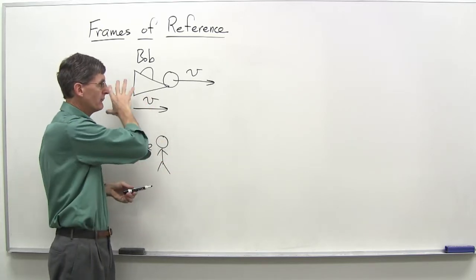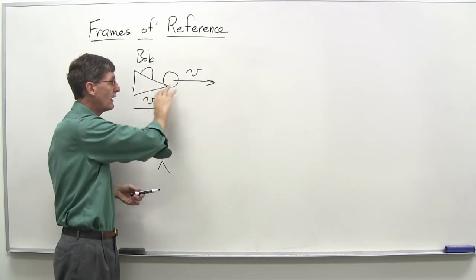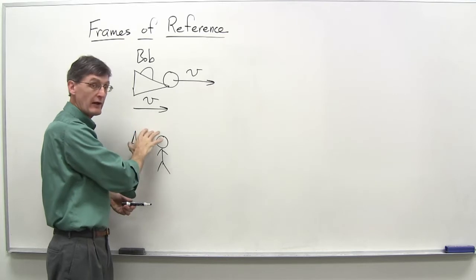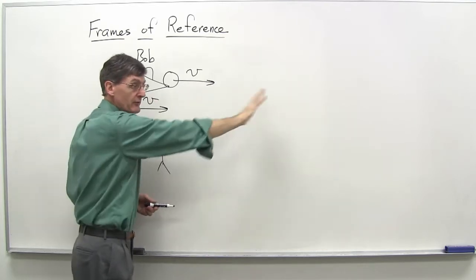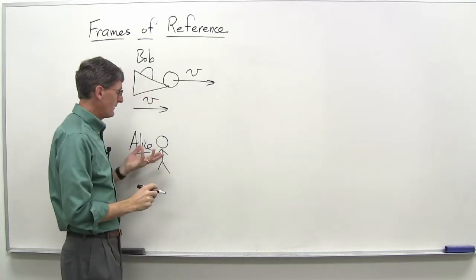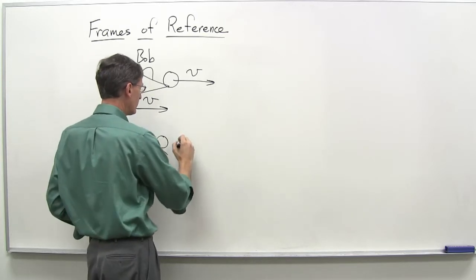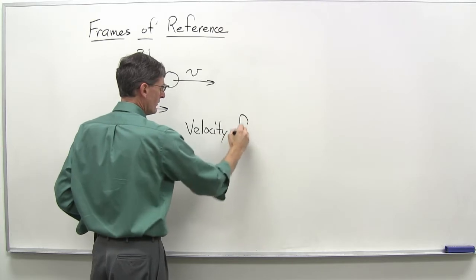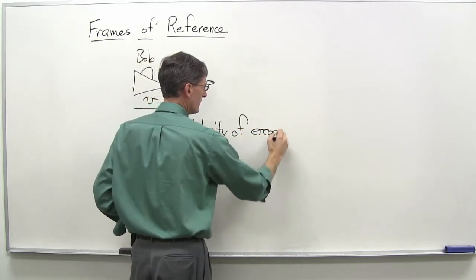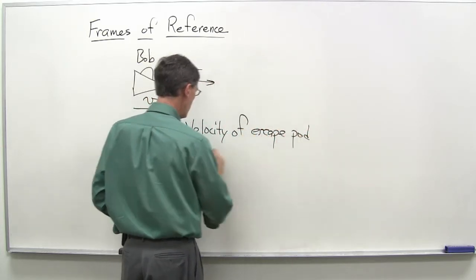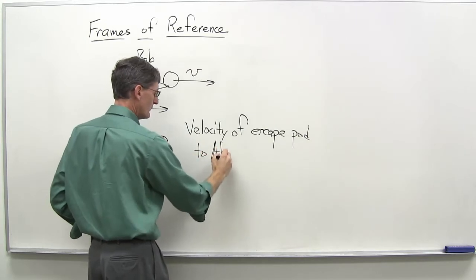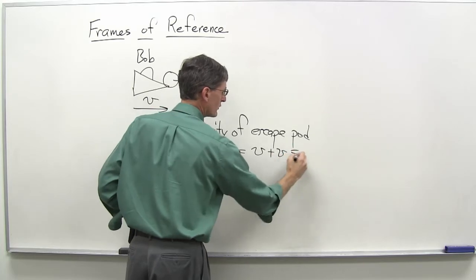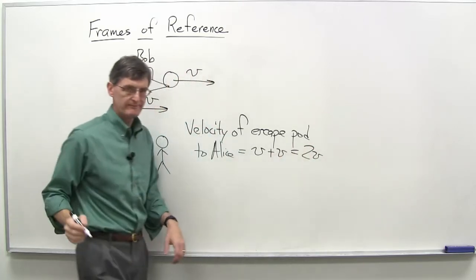And so if the escape pod is receding from Bob's ship at velocity v, and from Alice's perspective Bob's ship is going at velocity v, then the velocity of the escape pod to Alice equals v plus v, which of course is 2v.